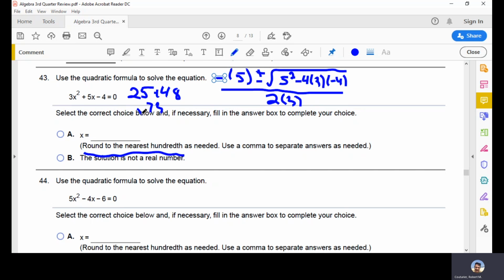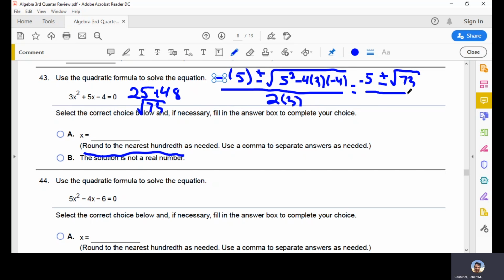Notice, 73, if you test it, is not a perfect square root. Leave it like that. And now let's keep going to simplify. It's not a perfect square root. We don't have a nice number, so leave it. So the opposite of 5 is a -5. You're left with -5 plus or minus the square root of 73.